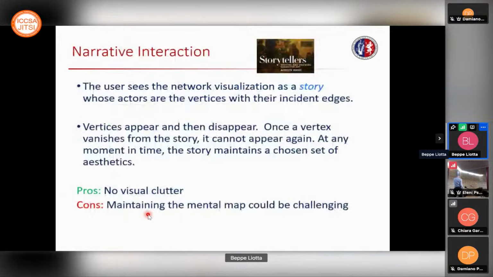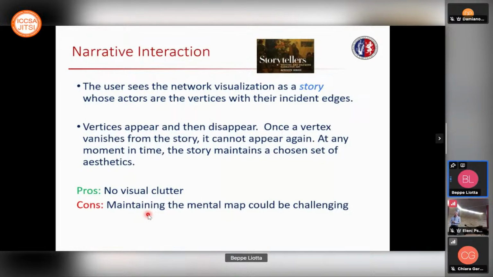So, this creates problems depending on the applications. Very recently, last year, there were some new ideas about how to interact with a large graph. And the new idea, which is very recent and still a very hot topic of study, is narrative interaction.